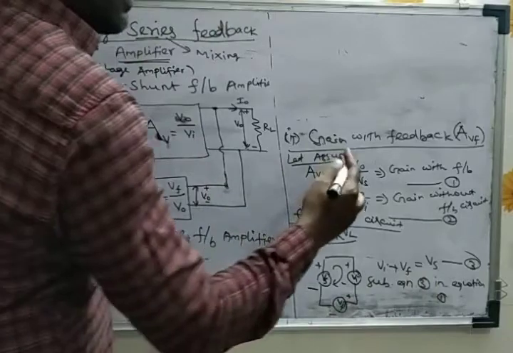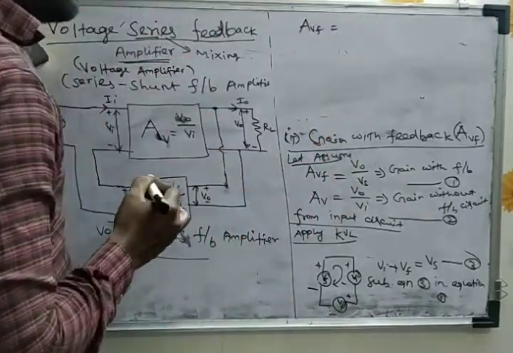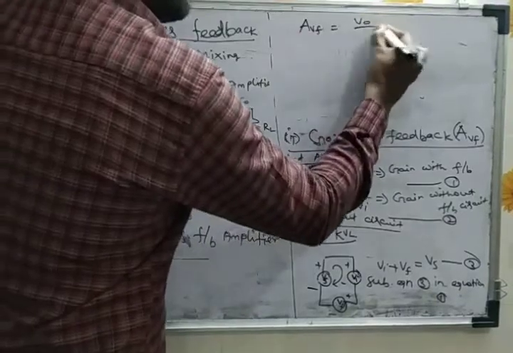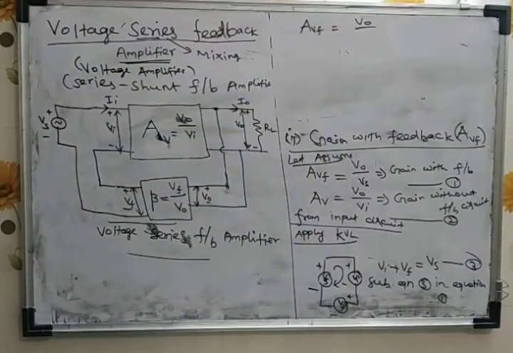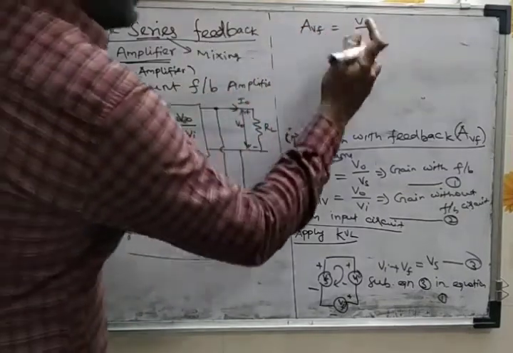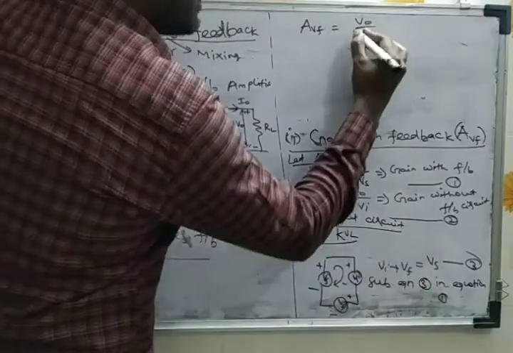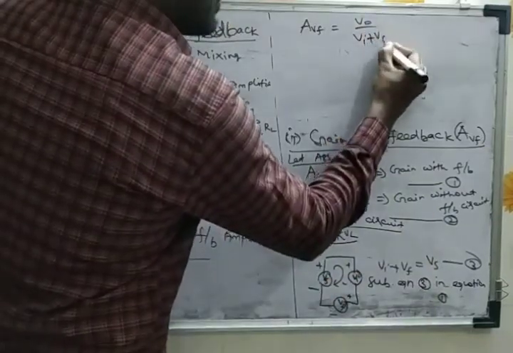You will get AVF is equal to V naught by, instead of Vs you substitute Vi plus Vf.